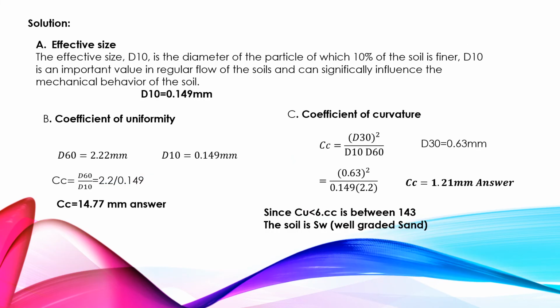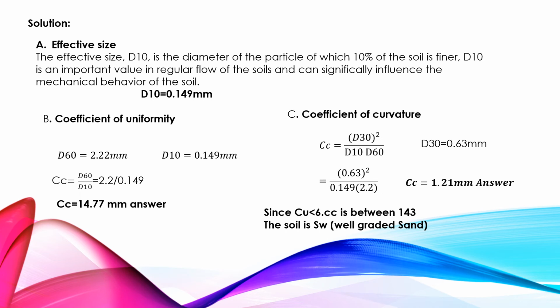The effective size, diameter 10, is the diameter of the particle of which 10% of the soil is finer. Diameter 10 is an important value in irregular flow of the soils and can significantly influence the mechanical behavior of the soil. Diameter 10 equals 0.149 mm. Letter B. Coefficient of uniformity.